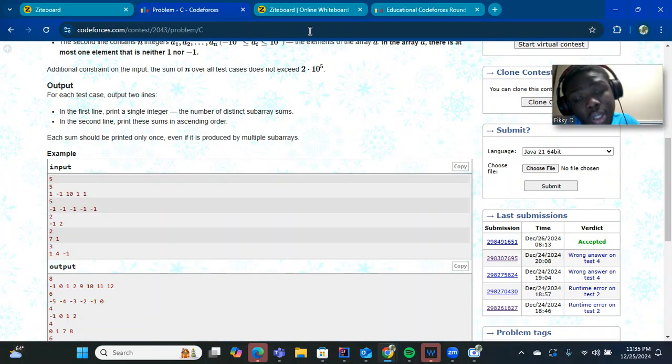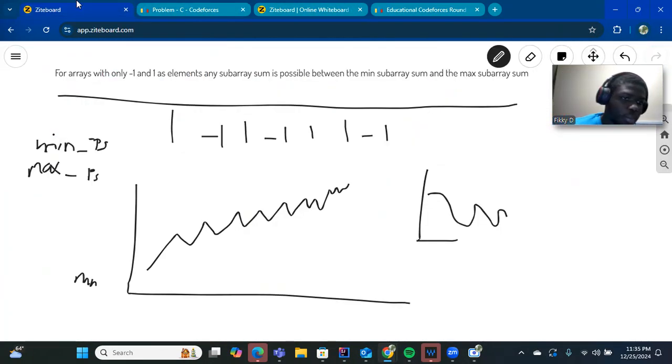But honestly, because you can achieve any prefix sum between the minimum and maximum, and a subarray sum is just a difference of prefix sums, then for example, let's say I have available to me the prefix sums 1 to 10.